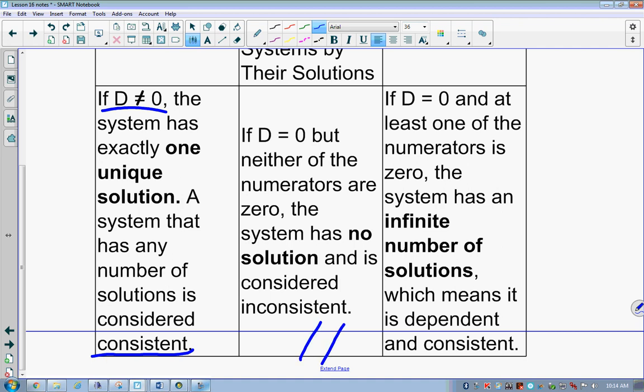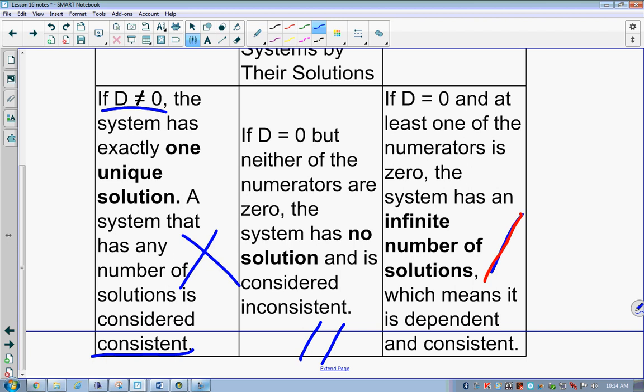That's what we're being given. All right, if the denominator equals 0 and at least one of the numerators is 0, meaning I got 0 divided by 0 on either the x or the y, then it's an infinite number of solutions. It is dependent and consistent. So something along that line. Okay, over here. Okay, that's what I'm looking at.